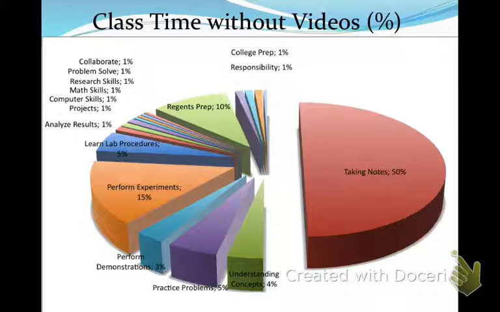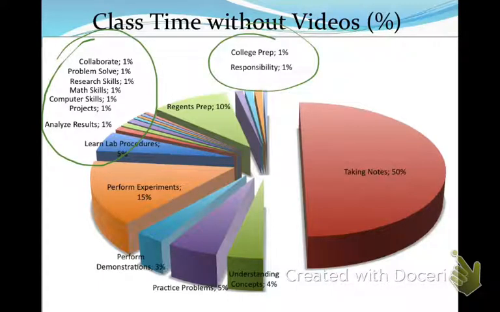That's a lot, and that means that we have to use less time to do experiments and demos, to practice problems. And eventually, some of these really important things, like those right there, go to the wayside because we just need to, of course, prep for the regents, do experiments, and do practice problems.